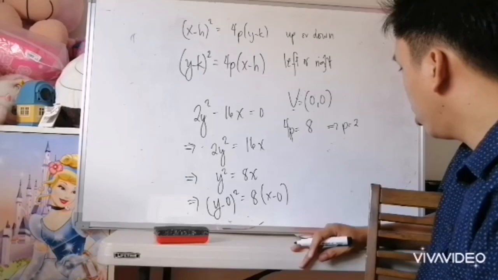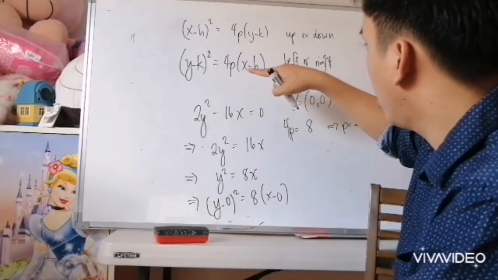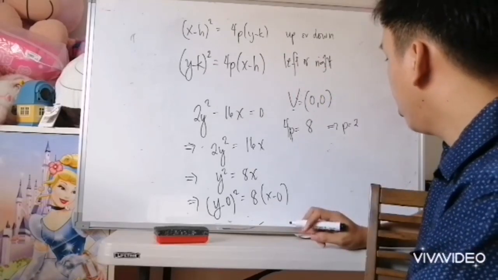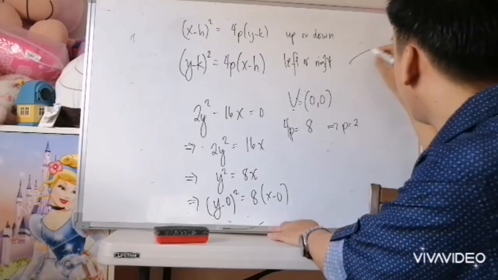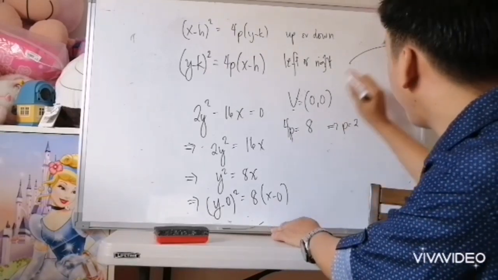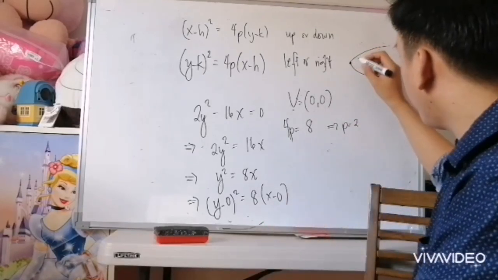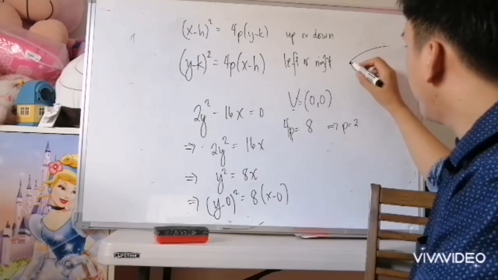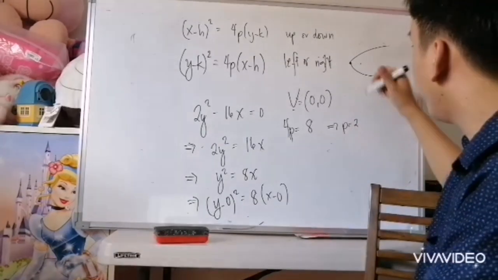Therefore, since this opens either right or left, it looks like this. This is already positive, so it opens right. Now, your vertex is 0, 0, and the focus is 2 units away from the vertex.